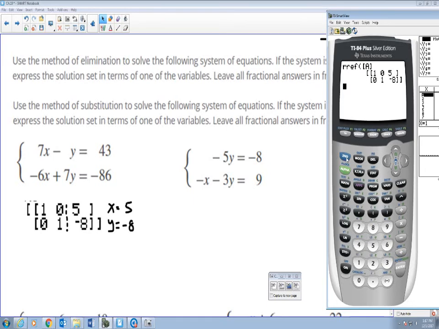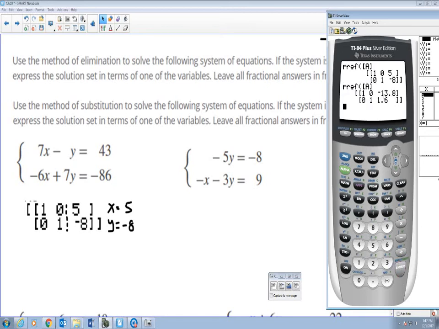Then we say second matrix. Go back into matrix, highlight the word math, and look for B. Row reduced echelon form. And we go back into the matrix, and under the word names, select the matrix that I just edited, number 1, and here we go.